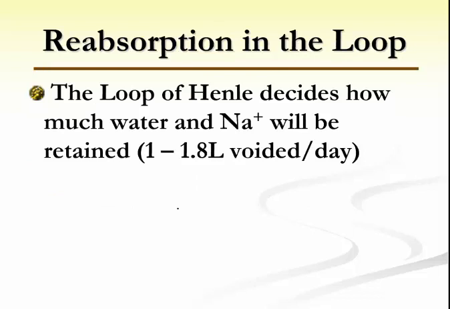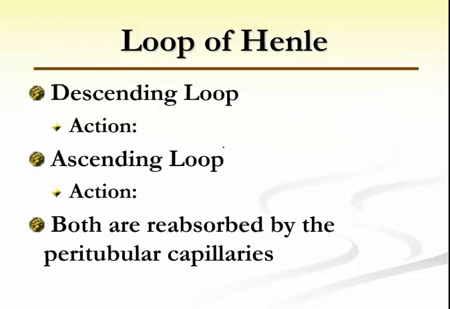Now, reabsorption in the loop of Henle. The loop of Henle is actually the major portion that determines how much water and sodium will be reclaimed back into the bloodstream. And the way the loop of Henle works is basically going to determine how much urine is voided per day, and that's going to end up being between 1 and 1.8 liters of urine a day.